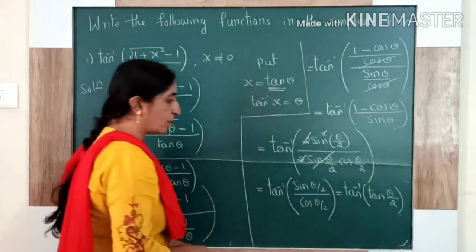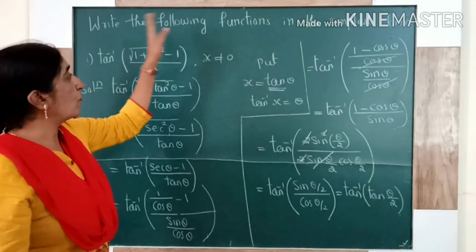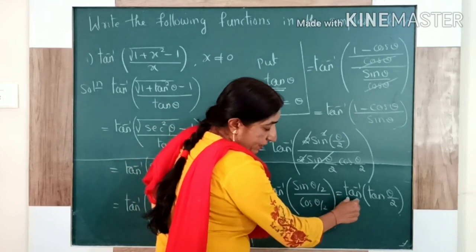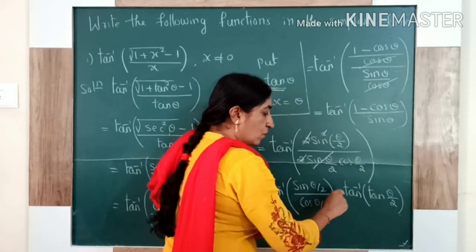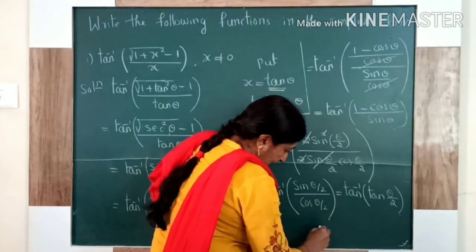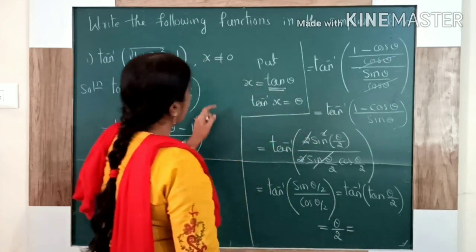And students, remember one more thing. When you are solving problems like this, convert the following in the simplest form. Whatever trigonometric term we have outside, convert the bracket also in the same form. One is inverse and one is simple. This tan inverse and tan cancel. What is remaining? Theta by 2. What is theta?